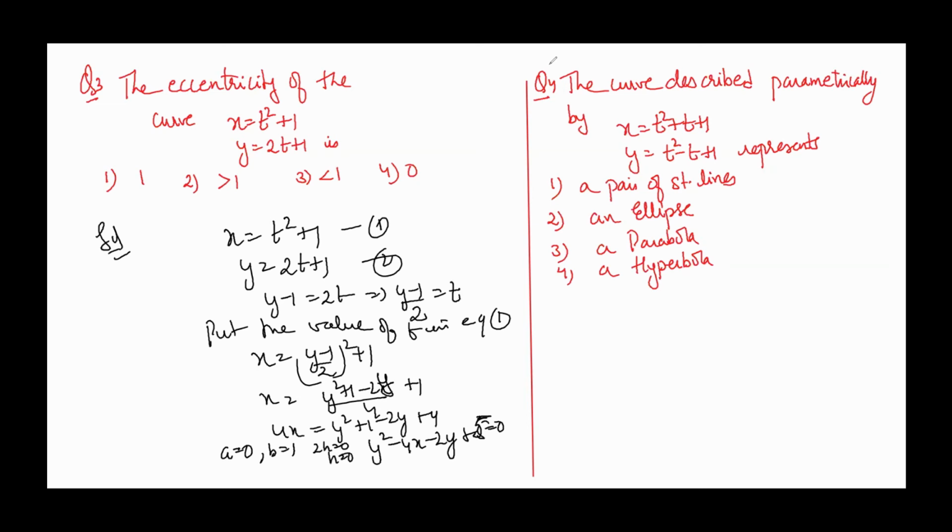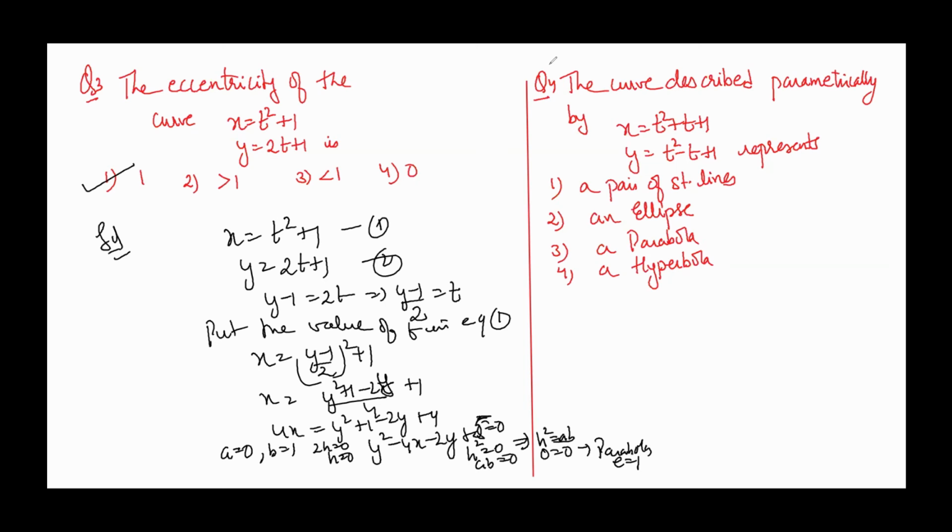And what I get, h square is 0 and a into b is also 0, so my condition is h square is equal to ab. This condition is satisfied here, so 0 is equal to 0, and for that this curve is a parabola, and the eccentricity of a parabola is fixed, that is 1. So my answer is the first option here.